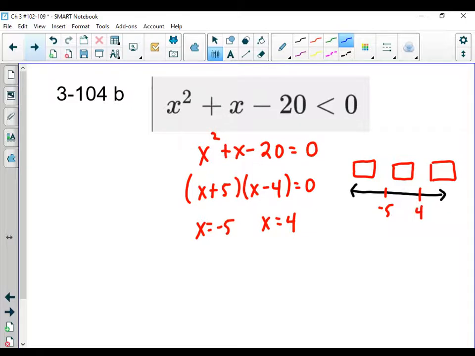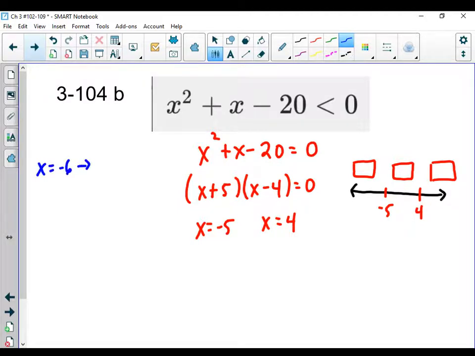We want to know of those three different areas, which areas would create a situation where x squared plus x minus 20 is less than 0. So to find out that answer, I'm going to choose a value, first of all, that's less than -5. So I can choose any random value. Let's say I said x is -6.